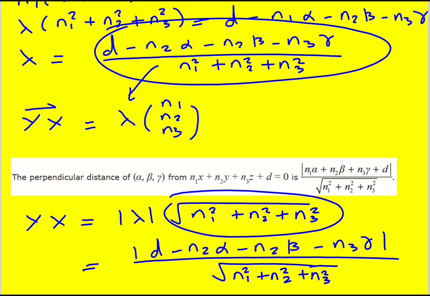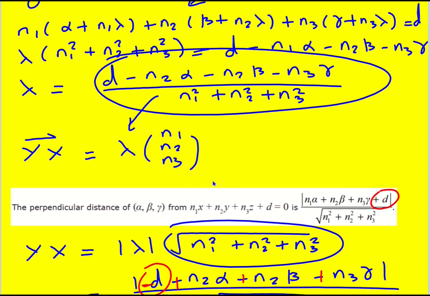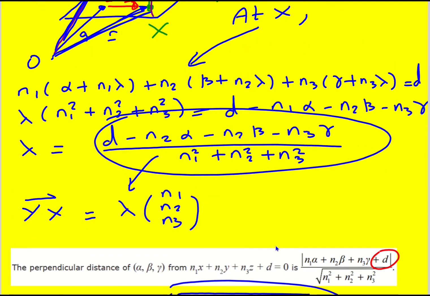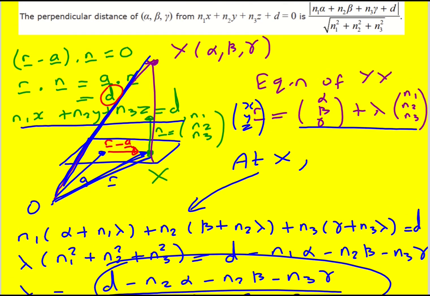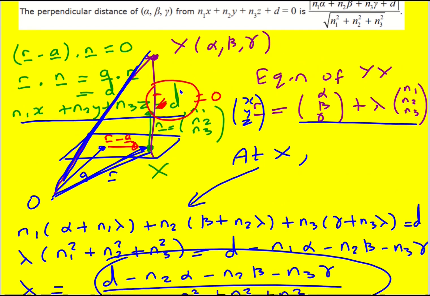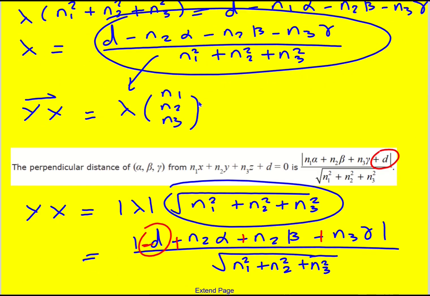And these are the same, because we can swap all the signs around and you'll still get the same answer here. Now, the only discrepancy is that there's a plus d here and I've got a minus d. But that's just because their d is slightly different to my d, because I had d here. So mine would be minus d equals 0. So I need to take the negative of that in here, and that's why it will actually become a positive.